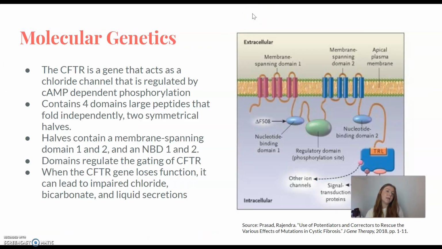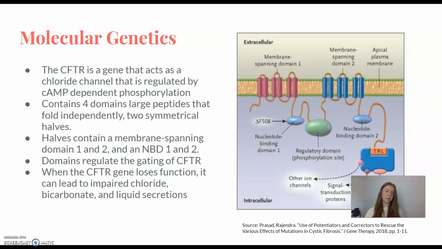And into the molecular genetics of CF. The CFTR is a gene that acts as a chloride channel, and it contains 4 domains. They're large peptides that fold independently, so there are 2 symmetrical halves. The halves contain membrane spanning domains 1 and 2, and then NBD 1 and 2.